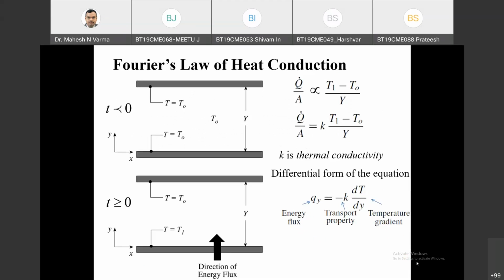Roll number 29, Vedant. Just listen to me carefully. Velocity in momentum transfer is similar to which property in heat transfer? Sir, looking from the formula, we have the velocity gradient and here we have the temperature gradient. So where in momentum transfer we have velocity, here we will have temperature. Excellent.